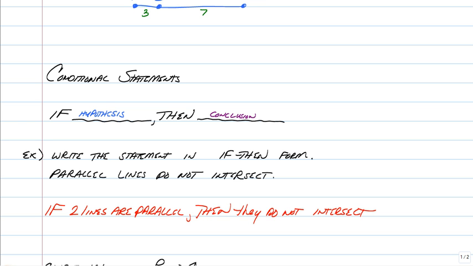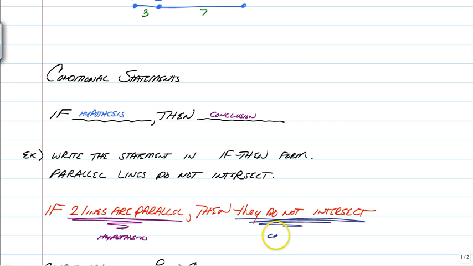So if two lines are parallel, then they do not intersect. Your hypothesis would be two lines are parallel. And then your conclusion would be they do not intersect. Okay, so the hypothesis is what comes after your if statement, and the conclusion is what comes after your then statement. Okay, so that is a conditional statement.